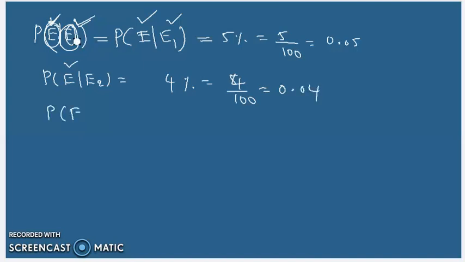And P of E by E3 is the probability of defective bolts produced by machine C given 2%. It is also equals to 2 by 100, is also equals to 0.02. Okay, this is the data in the given problem.